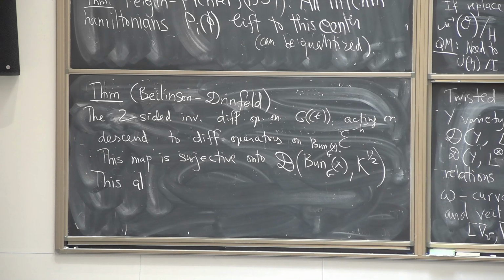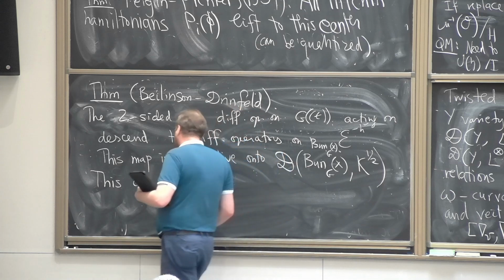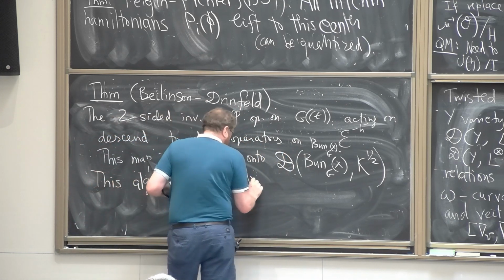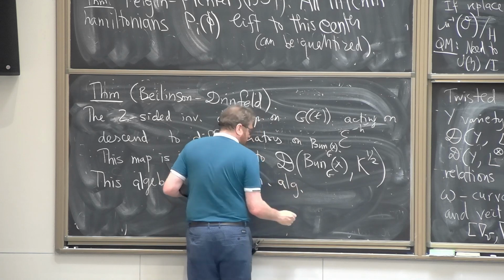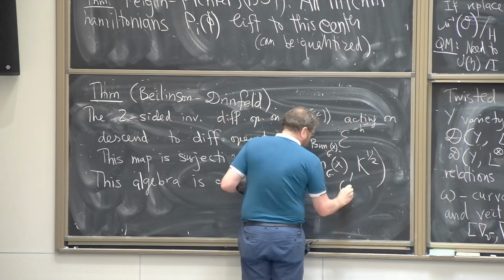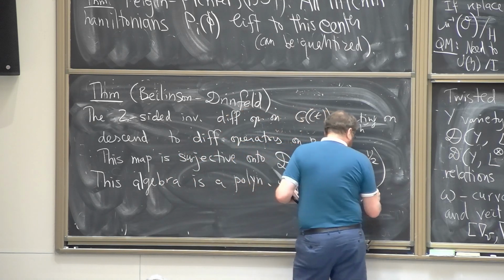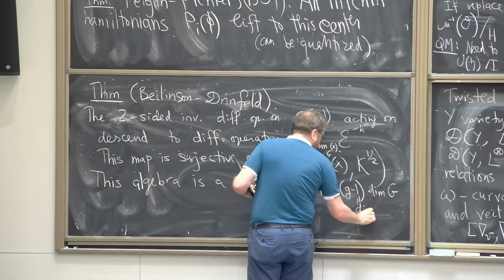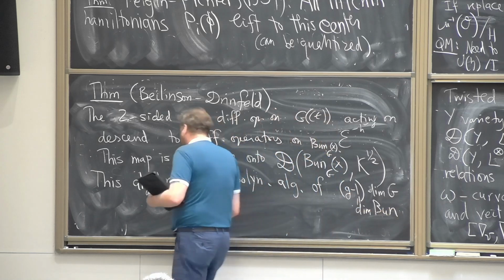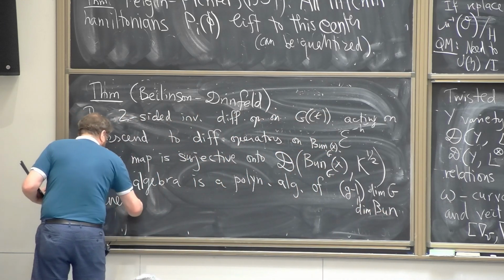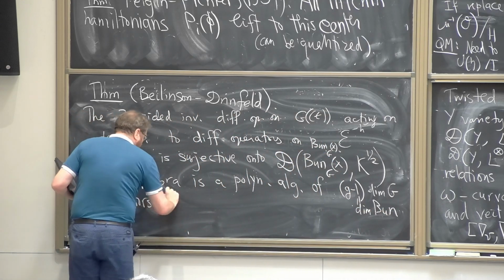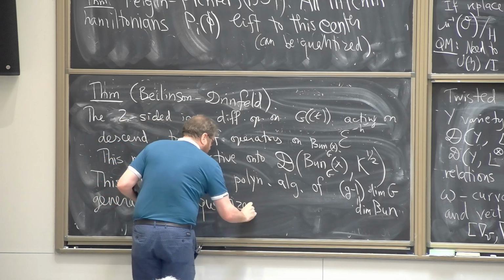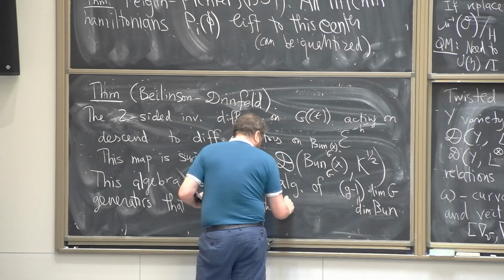And similarly here, this algebra is a polynomial algebra of (g minus 1) times dimension of G, which is the dimension of Bun G, generators, that quantizes the Hitchin system.